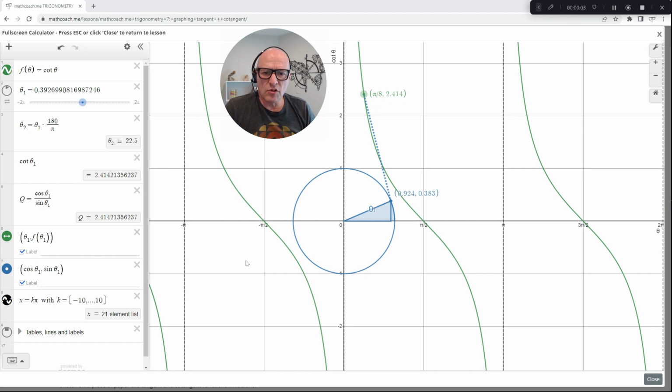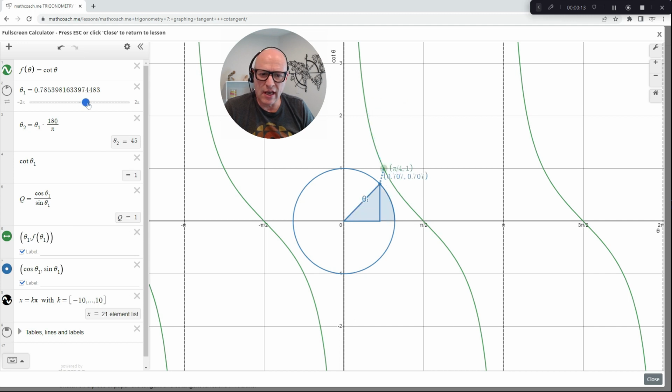So this Desmos calculator is plotting the cotan function. F of theta, I'm plotting it in green here. F of theta is equal to cotan of theta. I've got a slider again to control the size of my theta angle, and I've got a conversion of that. So this is in radians, pi over 8, and that converts into degrees at 22.5 degrees.